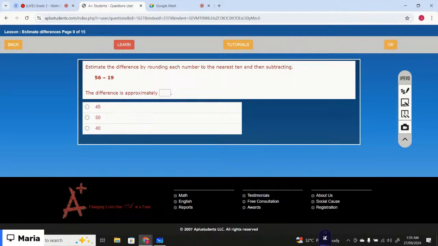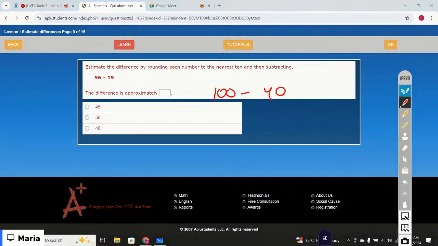Estimate the difference by rounding each number to the nearest 10 and then subtracting: 56 minus 19. So which is the correct option? 56 is rounded to 60 and 19 is rounded to 20.